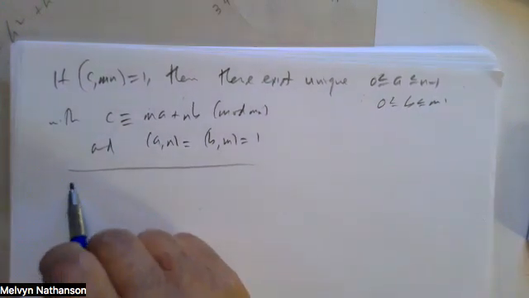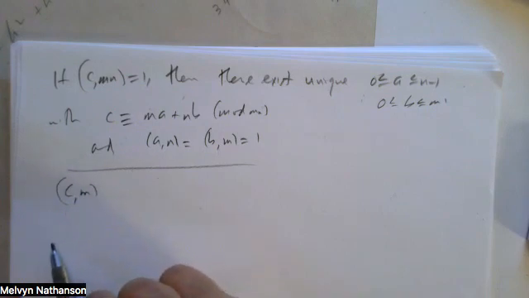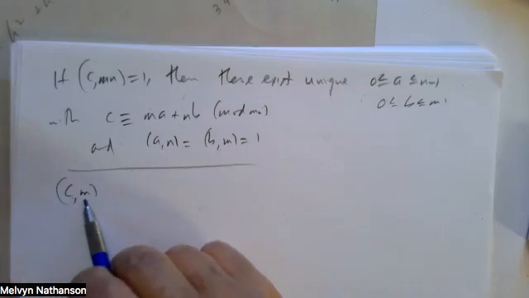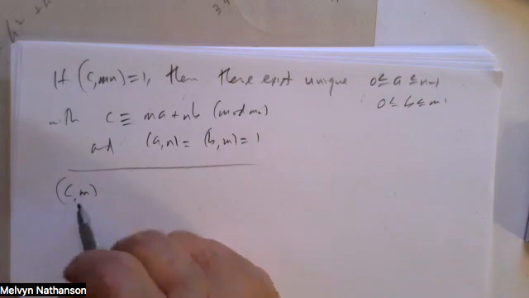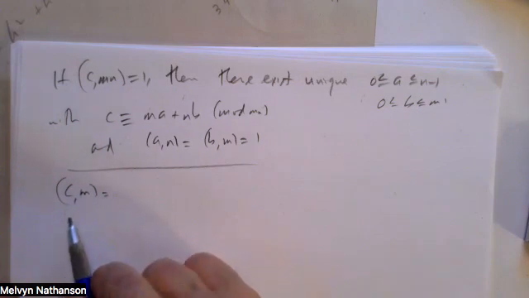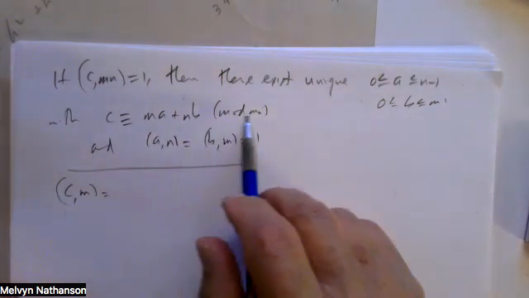So let's look. What is the greatest common divisor of C and M? It's 1, of course.